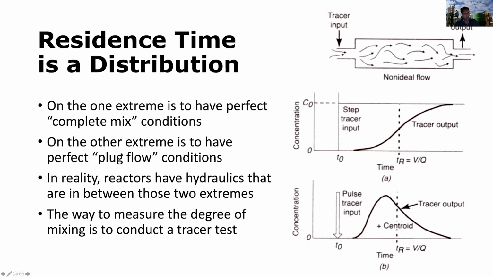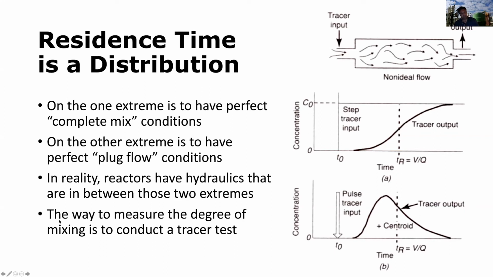These situations actually never really occur in practice, but they would represent the two extremes of a very mixed system where everything is equal throughout the reactor versus a system that has no mixing and the constituent that moves through the reactor in a plug from the beginning through to the end. In reality, reactors have hydraulics that fall somewhere in between these two extremes.